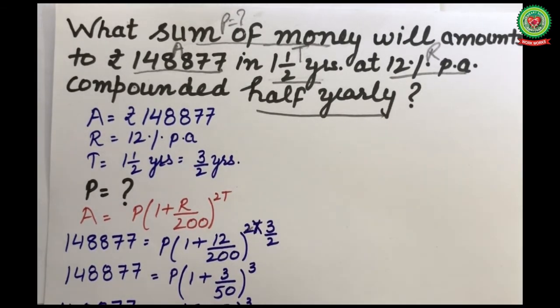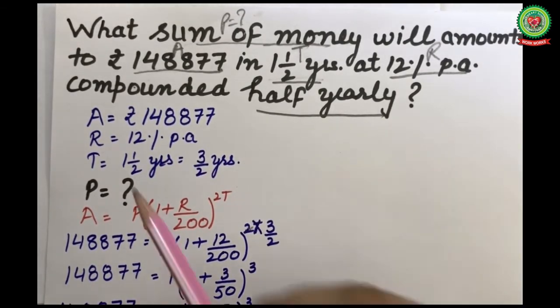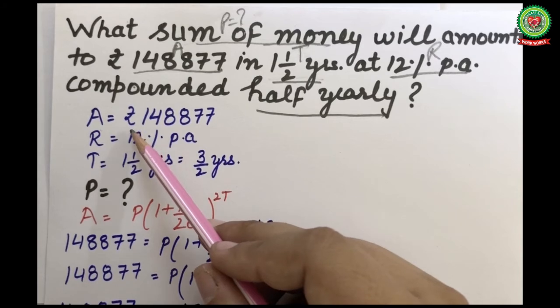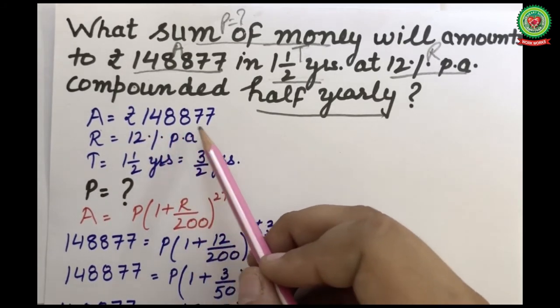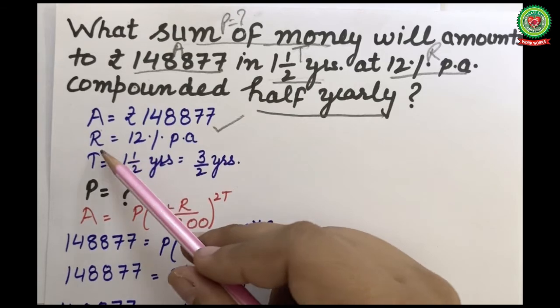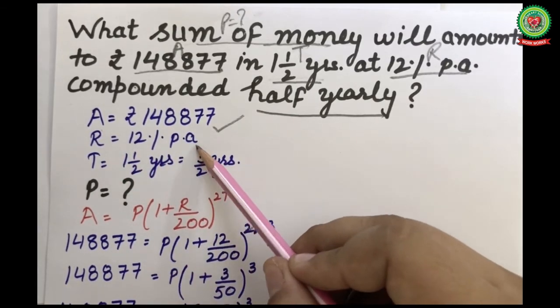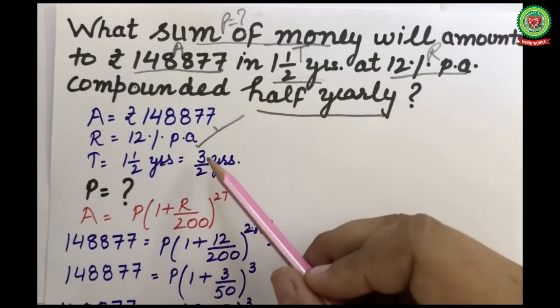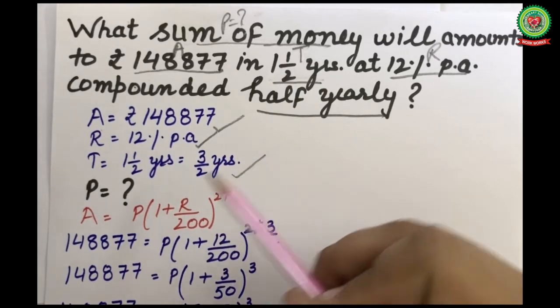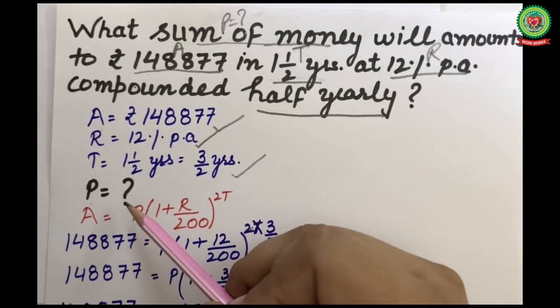So we are going to write down whatever is given to us. So we have written amount is equal to rupees 1,48,877. Rate is equal to 12% per annum. Time is equal to 1.5 years, that is 3/2 years. So principal is equal to question mark.